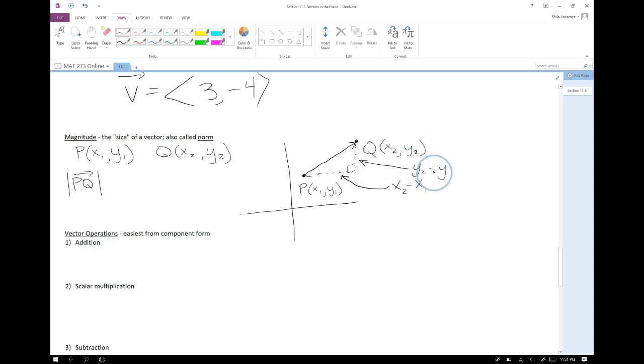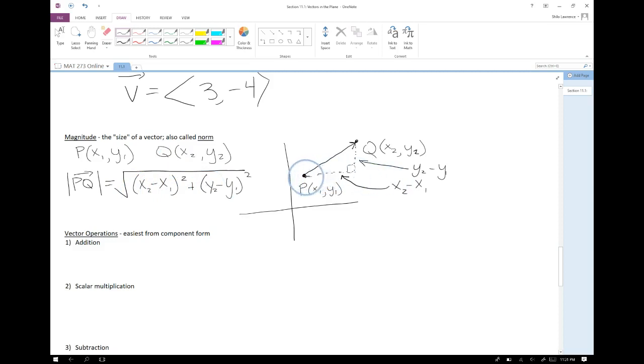And that will give us the lengths of those two legs. And then the Pythagorean theorem says a hypotenuse is the square root of the sum of the squares of your legs. So we can go directly from the initial and terminal points to a magnitude formula, or we can also use components.